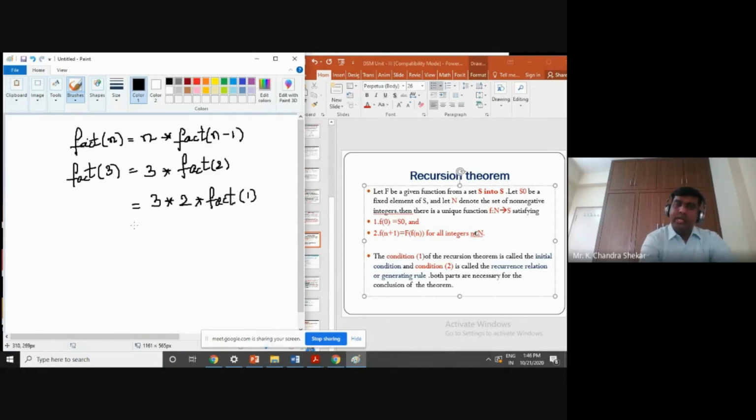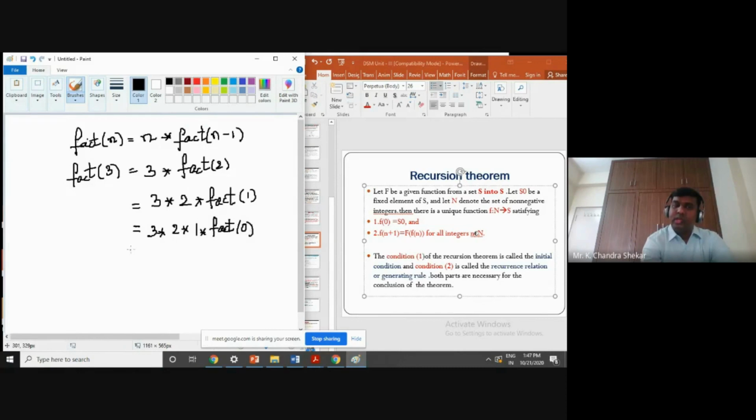Now this is equal to 3 into 2 into, both are constants. Now again fact of 1, I can use the same recursive formula: 1 into fact of 1 minus 1, which is 0.